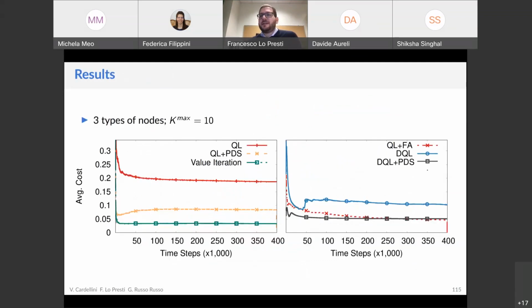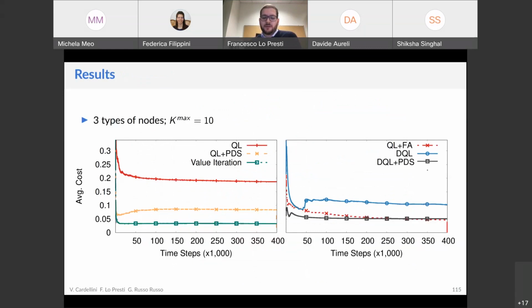And if we look at the accuracy we can achieve using deep Q-learning, in this case, you see on the left, baseline results using Q-learning with post-decisional states and the optimal value iteration. On the right-hand side, you see what happens using Q-learning with function approximation and deep Q-learning with post-decisional state.